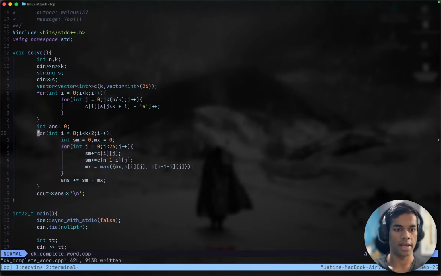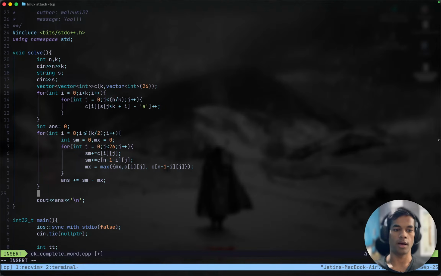So I equals 0. I is going till higher and equal to K. Because if K is even, go till the last character, and if K is odd, still go till the last character. We do care about that one character which is going to be in the middle.